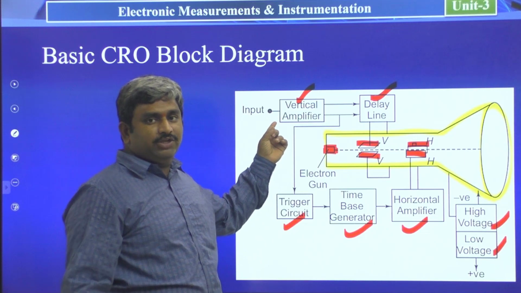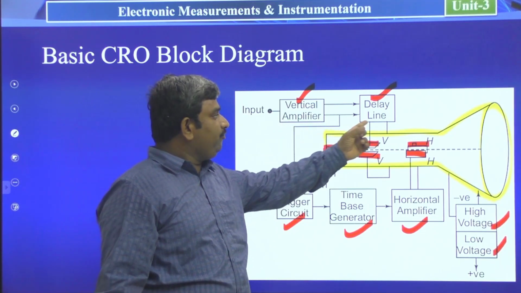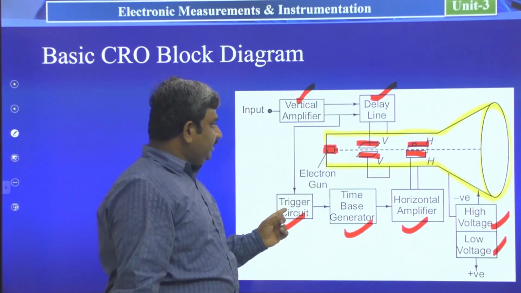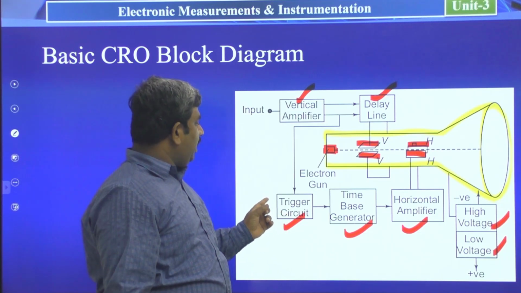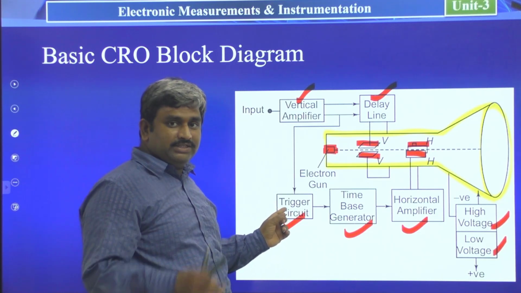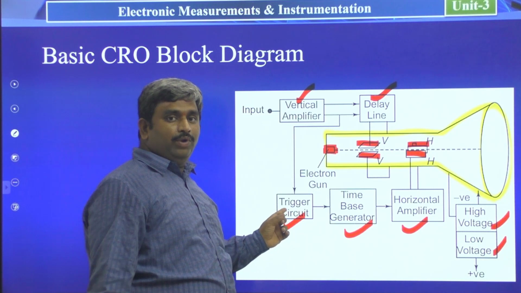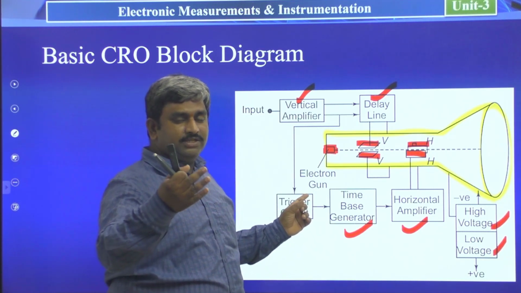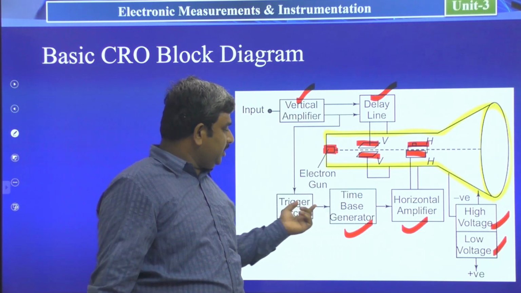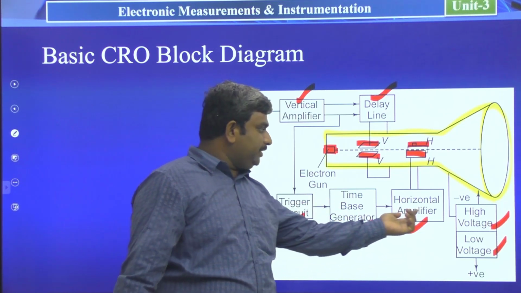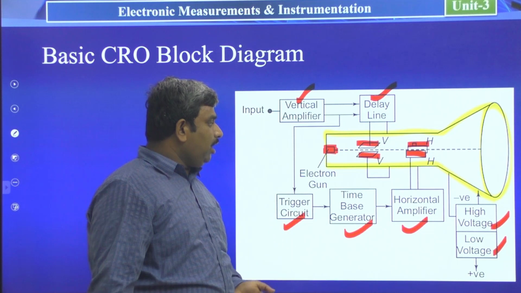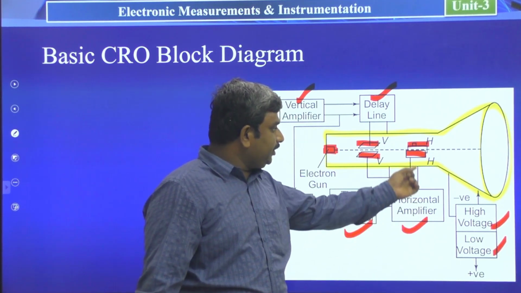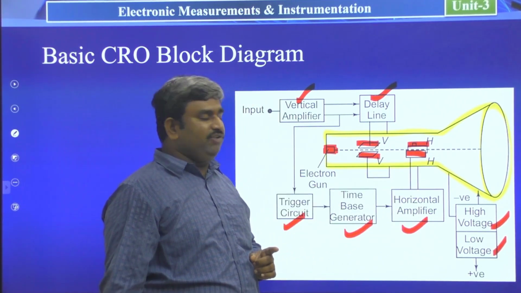In the vertical direction, we have a vertical amplifier with a delay line circuit, and in the x direction, we have the triggering circuit. In the horizontal direction, we have horizontal deflection plates also. Before the horizontal deflection plates, we have the triggering circuit, time-based generator circuit, and horizontal amplifier. These are finally connected to the horizontal deflection plates.